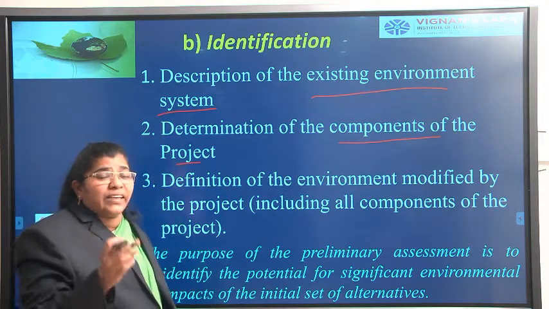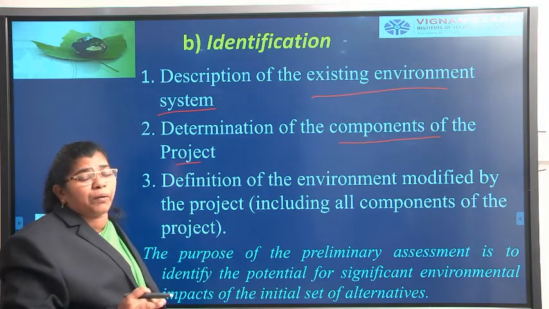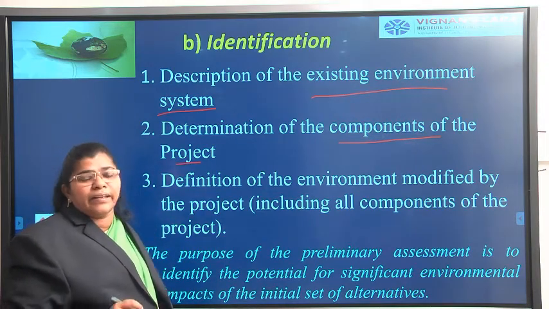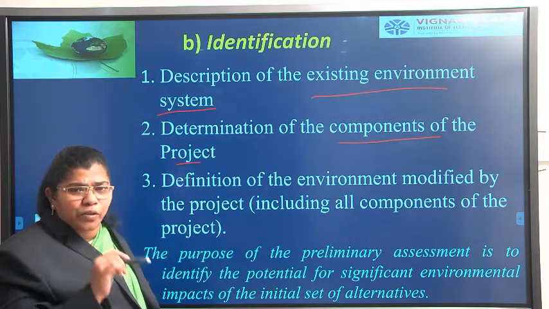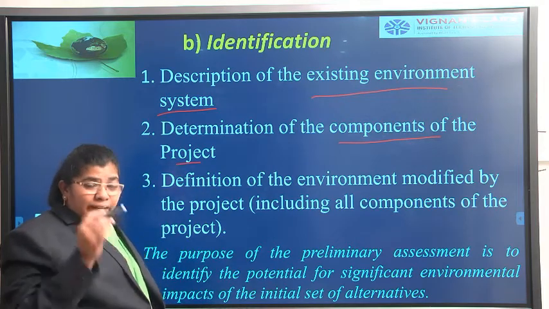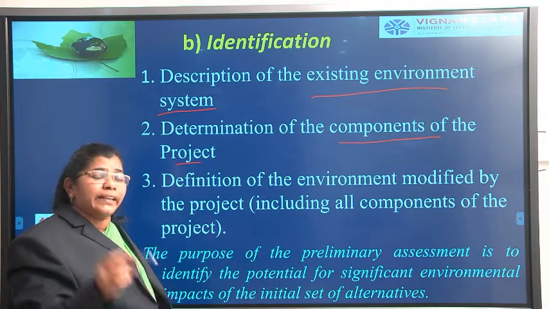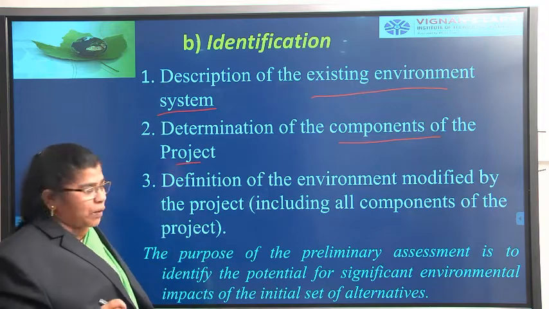If there is any change they are making when executing the project, that also should be identified here. There will be some sensitive parts, which will not be given so much importance in the project. But we have to identify them in the EIA, and they have to be questioned and taken care of, including all the components of the project.